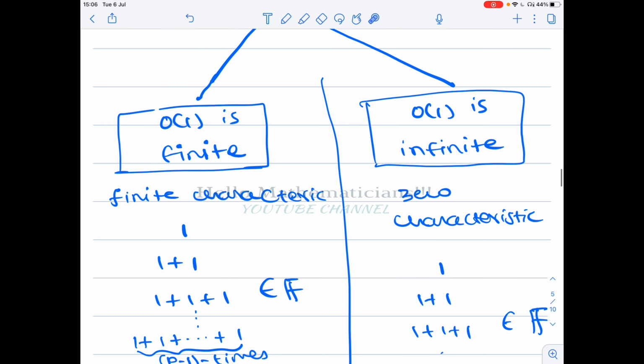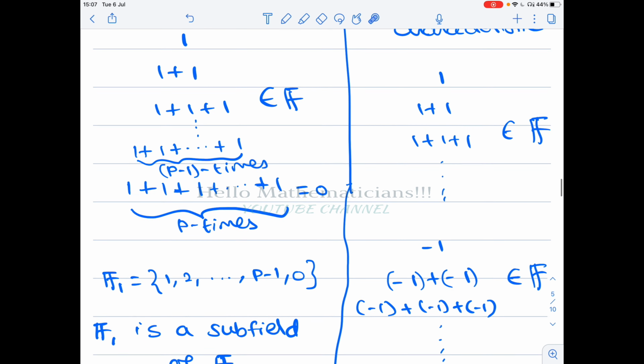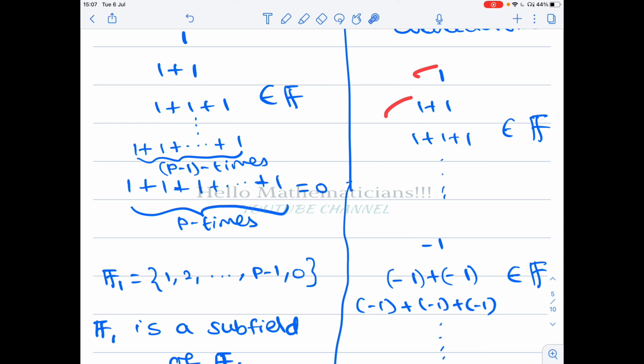Similarly, if the characteristic is 0, characteristic 0 means that the order of the element 1 is infinite. That means this sequence 1, 1 plus 1, 1 plus 1 plus 1, will keep going. 1 added with itself cannot be 0. So 1, 2, 3, you can keep adding, 4, 5, 6, you will get all the numbers.